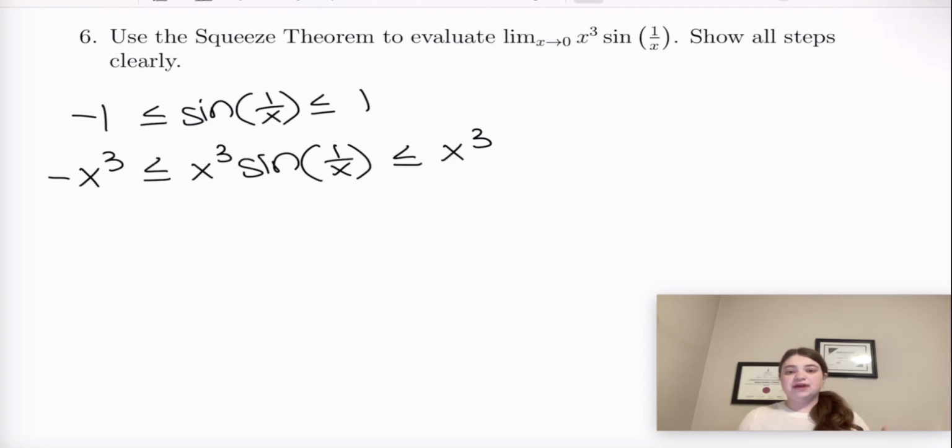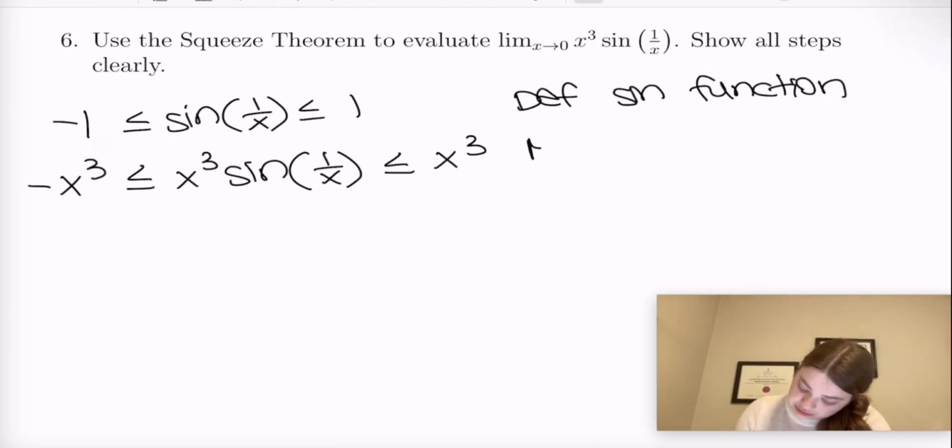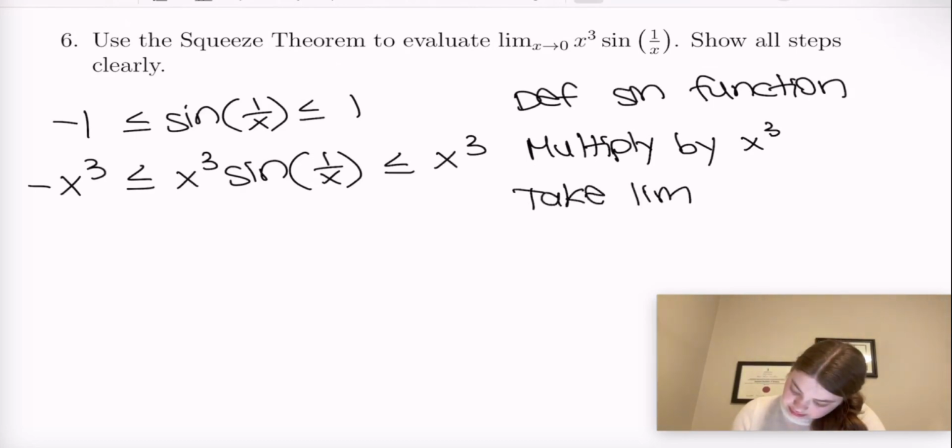And I'm going to justify each step because we are explaining all steps clearly here. Basically, the first step is part of the definition of the sine function. Then in the second step, we multiply all sides by x cubed. And in the third step, I'm going to take the limit as x approaches 0 for all of these.